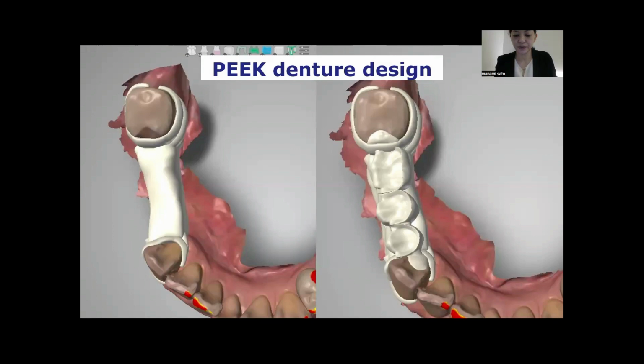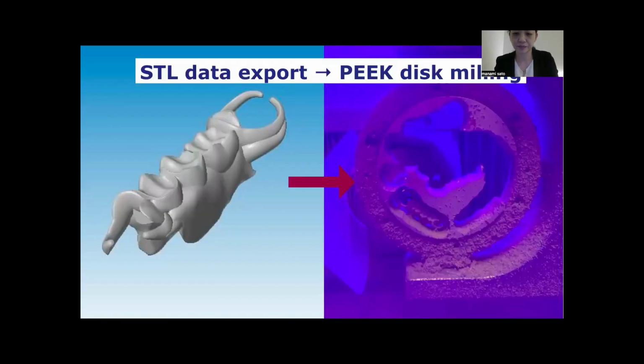We use CAD software to design the plate, clasp, and artificial teeth. Convert each part, export the STL data, and mill it from a PEEK disk.